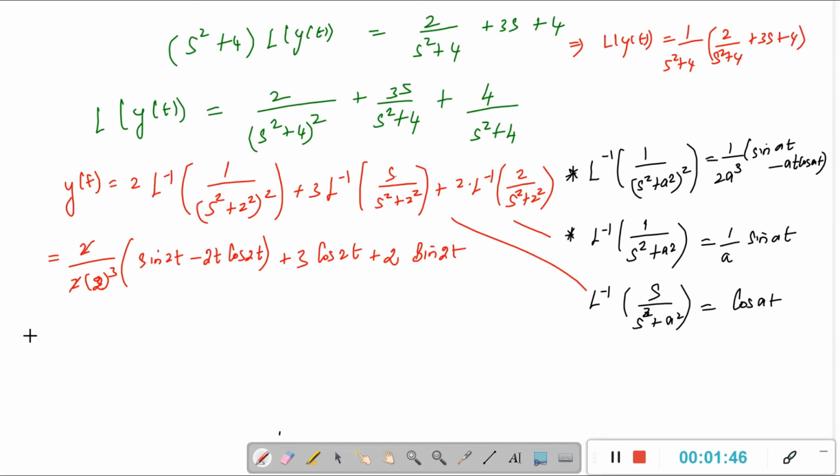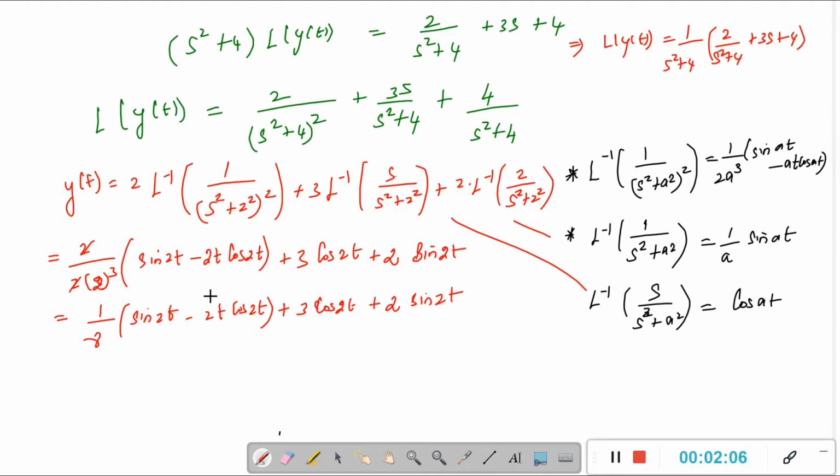You can cancel this term. 1 by 8 into sin 2t minus 2t cos 2t plus 3 cos 2t plus 2 sin 2t.